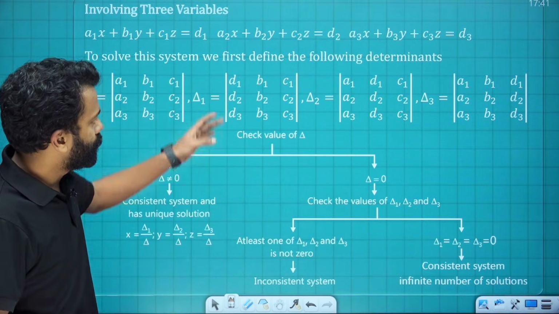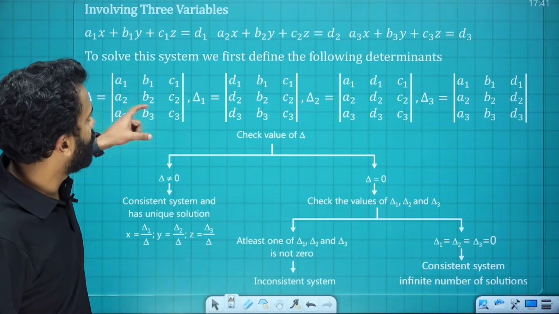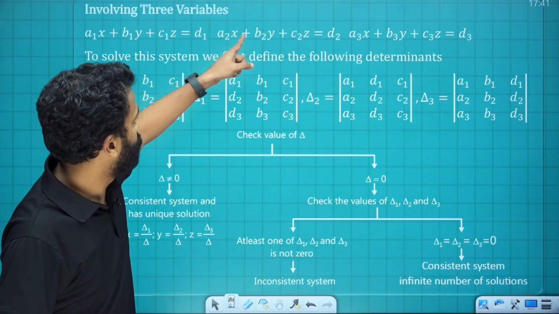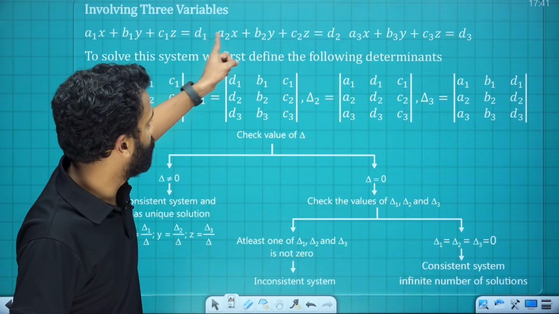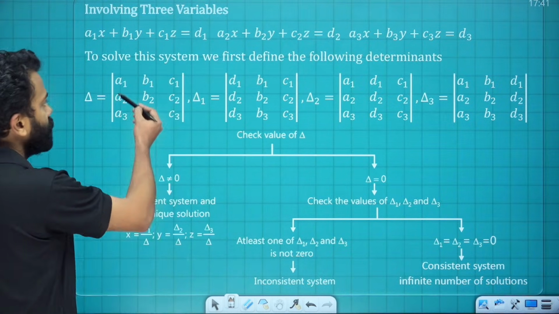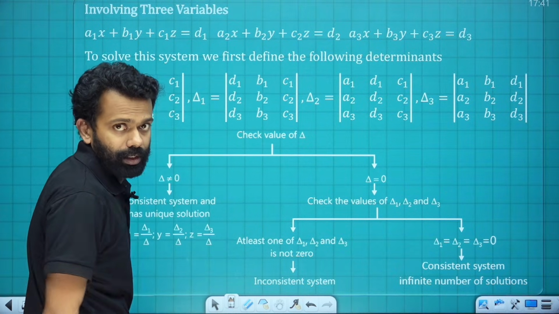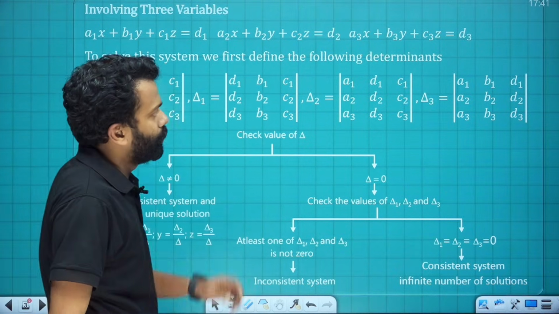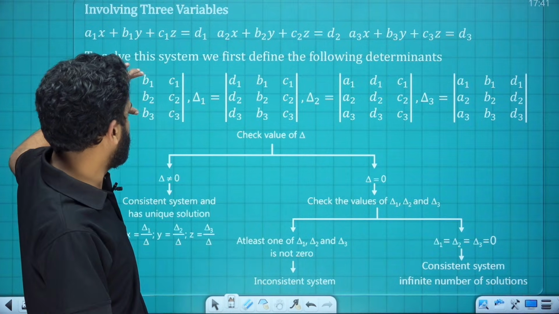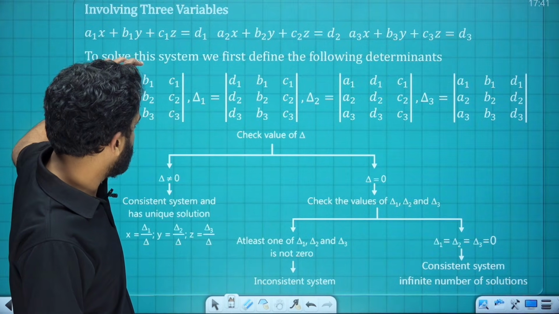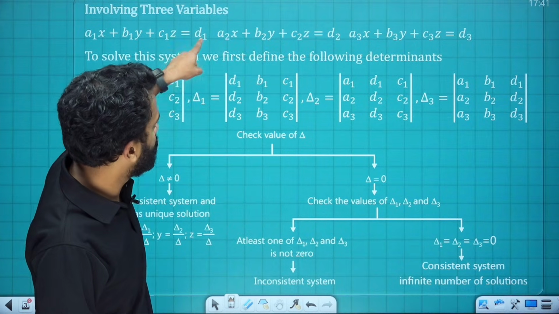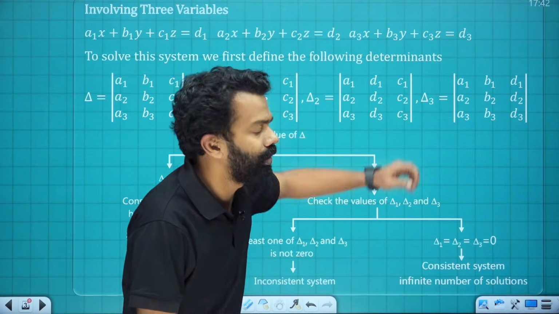For delta 1, just remove the first column from delta and attach the corresponding constants of each equation, that is d1, d2, d3. For delta 2, accordingly, the second column from delta should be removed and replaced with d1, d2, d3, and the same for delta 3.